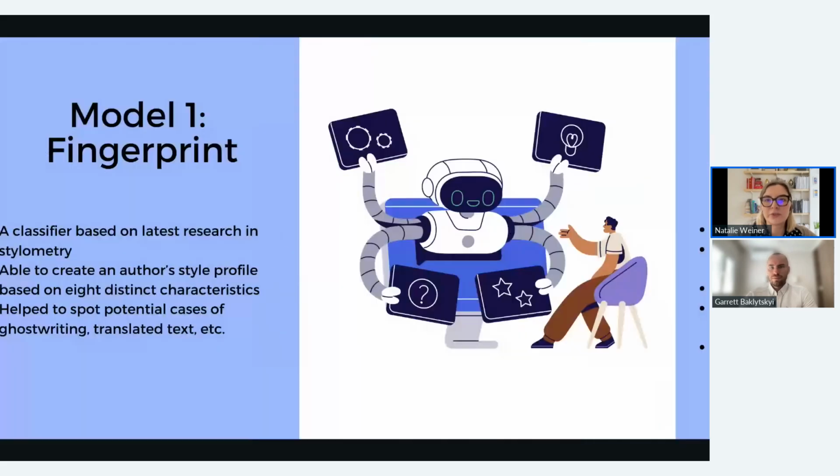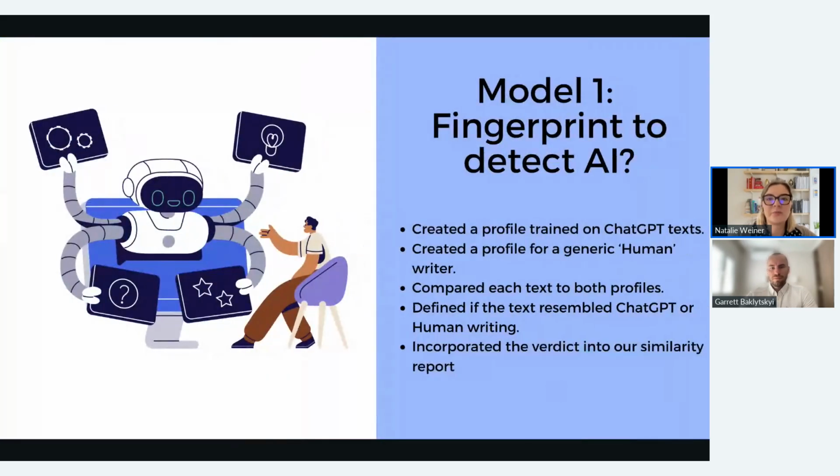So we thought, why not give it a try with ChatGPT texts? ChatGPT texts would definitely have some style peculiarities, and perhaps Fingerprint would even be able to catch them. So we created a user profile which was trained on ChatGPT texts, and then we created a profile for a generic human writer, which was trained on human-written texts.